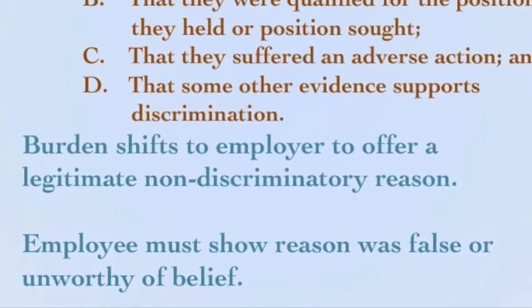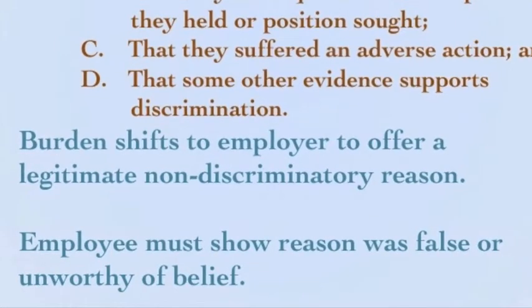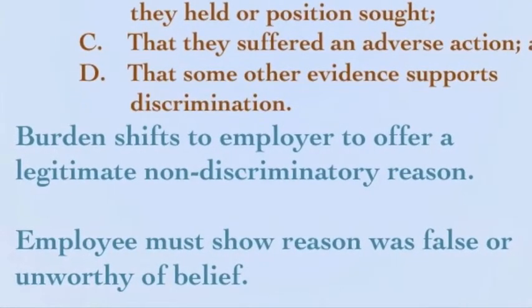If the employee can offer evidence on those 4 items, then the burden shifts to the employer to offer a legitimate, non-discriminatory reason for the adverse action. Now, this can be anything in the world, and since many states are employment at will jurisdictions, any reason suffices. So as long as it's not related to discrimination on the basis of a protected class, then in fact, it is a legitimate non-discriminatory reason, or allegedly so by the employer.